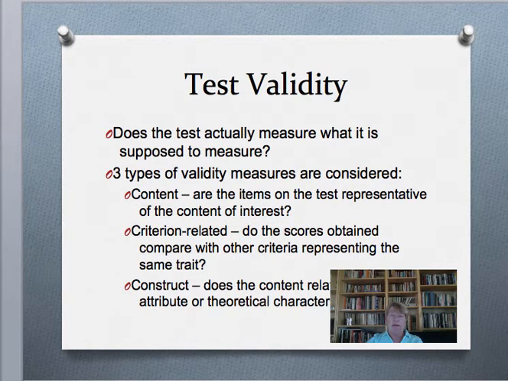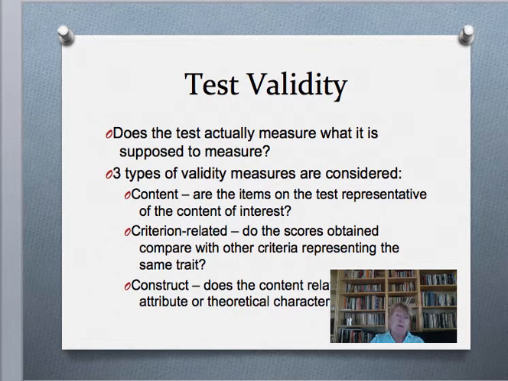The next kind of validity measure that we can talk about, we're going to spend more time on each of these. So I'm going to go through these relatively quickly on this slide. The second kind is criterion-related validity, and that asks the question, do the scores obtained on this test compare with other criteria representing the same trait? Well, that's a complicated way of saying, if I give you this reading test, do the scores that you get on this reading test compare with how you do in school in reading?